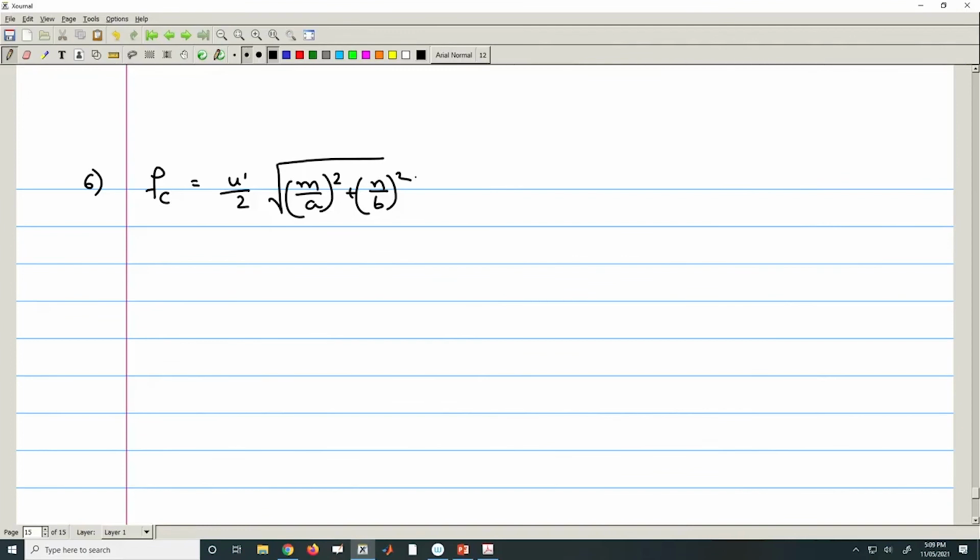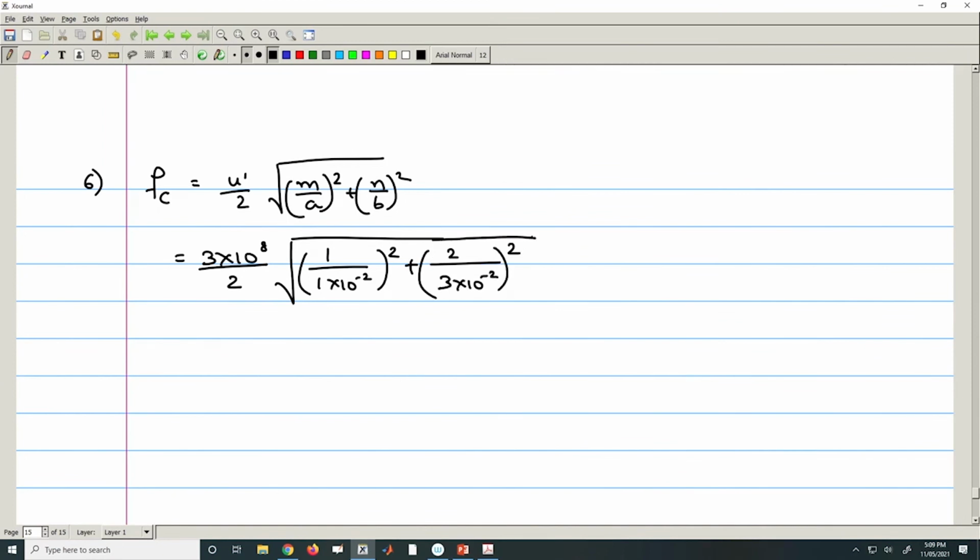So, while substituting the values for m and n, we can write 1 upon plus n is 2 and b is 3 centimeter. Okay. So, Fc will be 18.02 gigahertz.